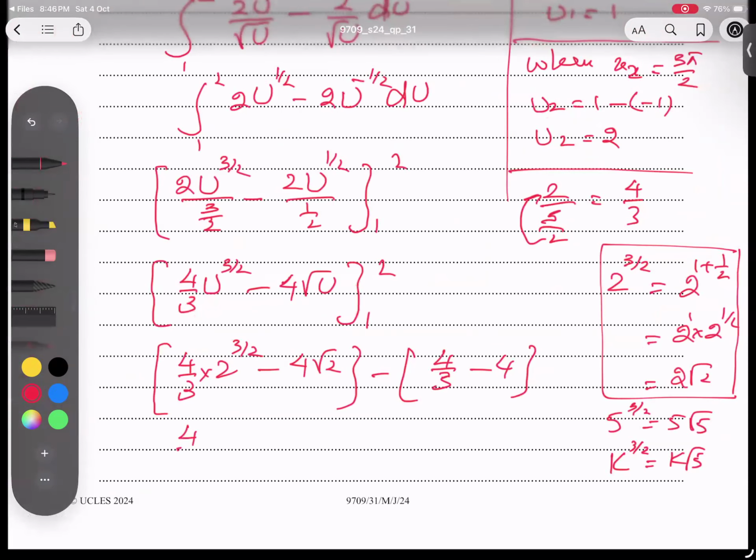So 4 over 3 I have already, and this is 2 root 2, so I'm writing here 2 root 2. And the 4 root 2 we already have. Okay, and here take LCM 3 for the 12. Out of 12, 4 gone, negative 8. So I got negative 8 by 3. Afterwards, root 2 common out. I got 8 by 3 minus 4, and root 2 I can bring outside.